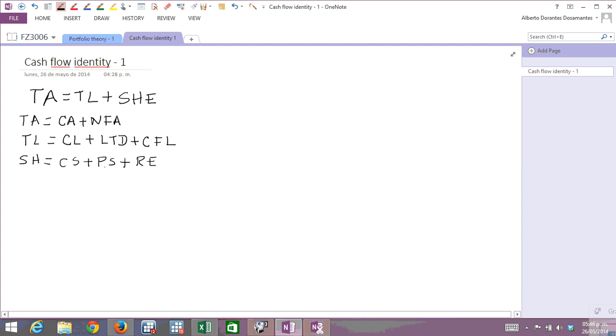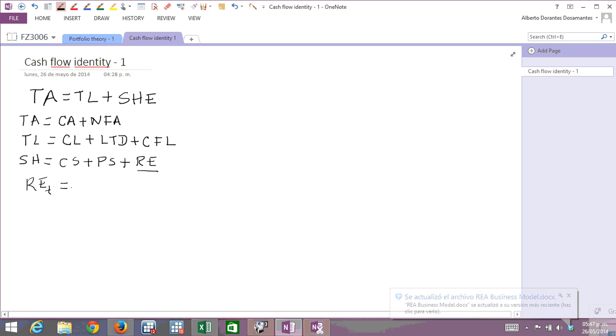Preferred stock is also the money of preferred shareholders, who have a priority for the dividends but do not have any vote.